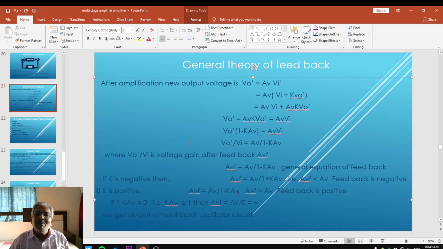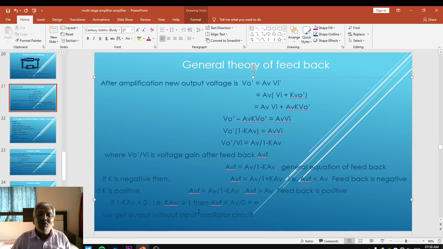In this gain of positive feedback equation, suppose 1 minus KAV equals 0. This is possible if and only if KAV is greater than or equal to 1. If KAV becomes equal to 1, then 1 minus KAV equals 0, and AVF equals AV upon 0, which comes to be infinity. So the voltage gain after feedback seems to be infinity. When voltage gain becomes infinity, the amplifier is converted into an oscillatory circuit.